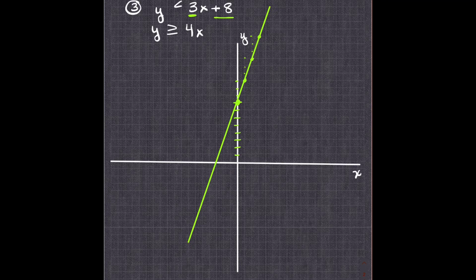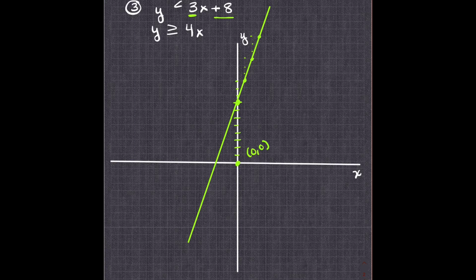All right, I need to color to the left or to the right. Since it's less than, I am probably going to be coloring to the right. Let's test 0, 0 to see if it's true. This would be 0 is less than 3 times 0 plus 8. So 0 is less than 8 is true.